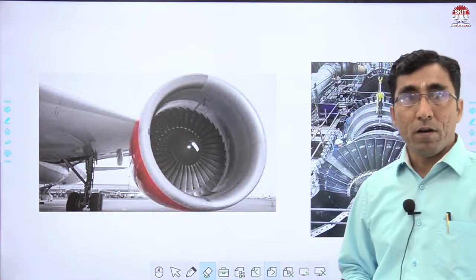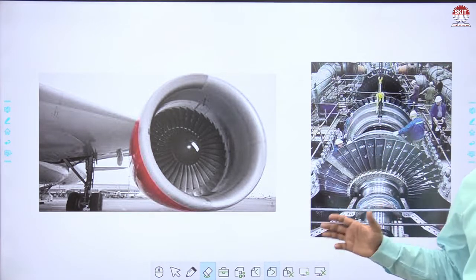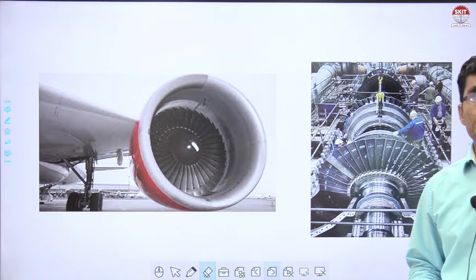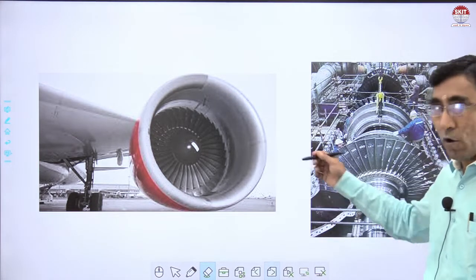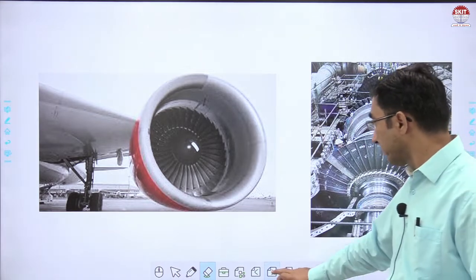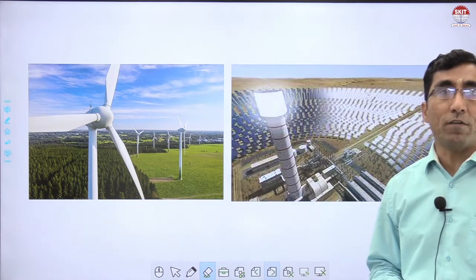Another example is the gas turbine. You can see the scale of this unit, and the most popular application nowadays of the gas turbine is in the aeroplane. Now, renewable energy, the future of the world.